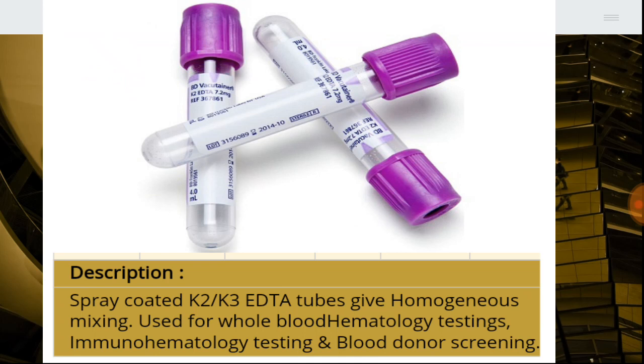This is the lavender or purple color vial, or EDTA vial. Here dipotassium or tripotassium EDTA is used as an anticoagulant for whole blood hematology testing, immunological testing, and blood donor screening.